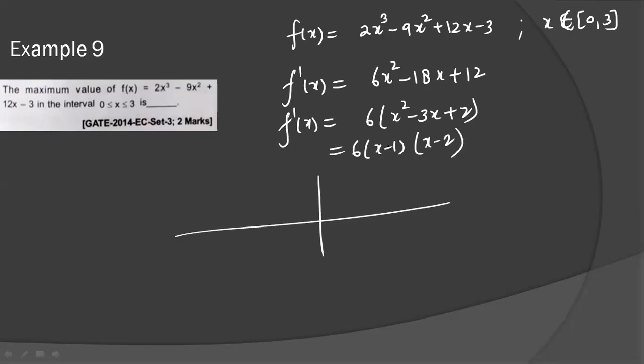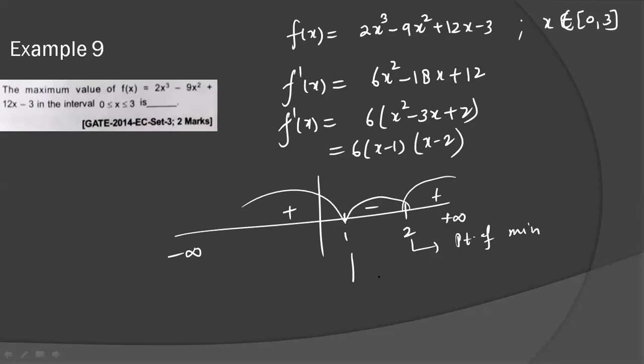Both the coefficients of the variable are positive and it is a polynomial function. So use the wave graph here. Plus, minus, plus, minus infinity here, plus infinity. So this is the point of minima. This is the point of maxima.